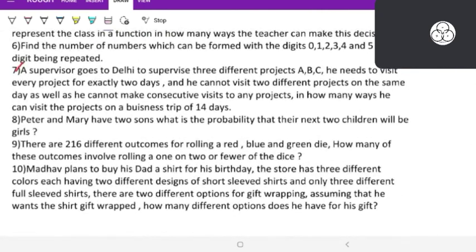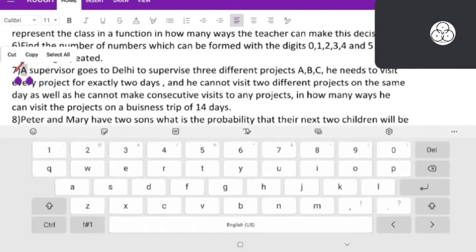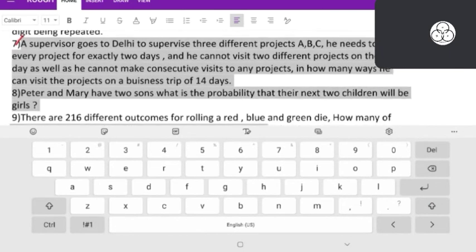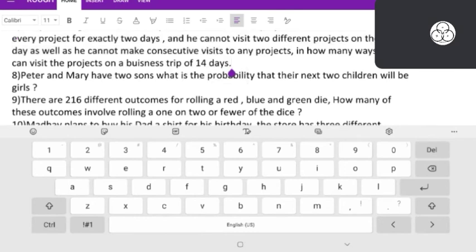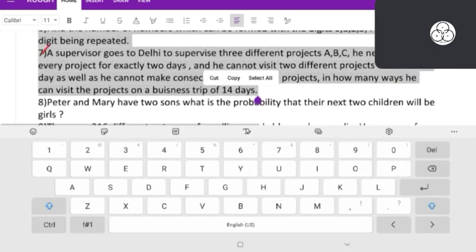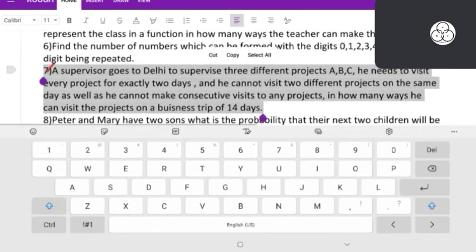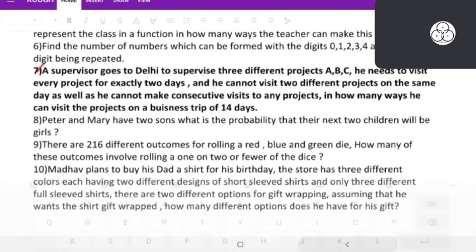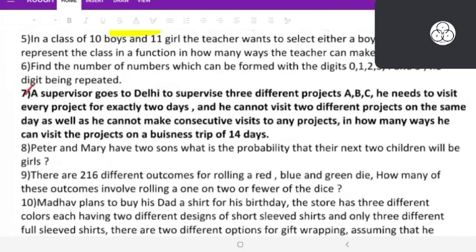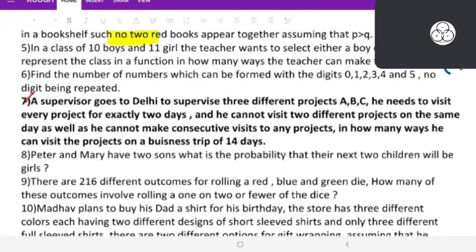A supervisor goes to Delhi to supervise 3 different projects A, B, C. He needs to visit every project for exactly 2 days, and he cannot visit 2 different projects on the same day.